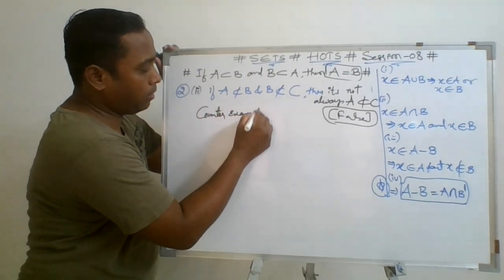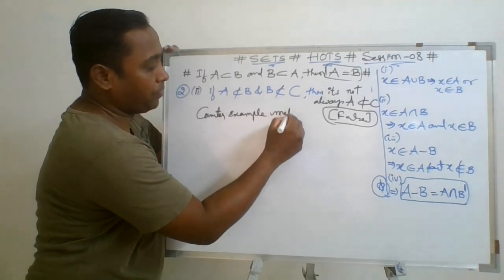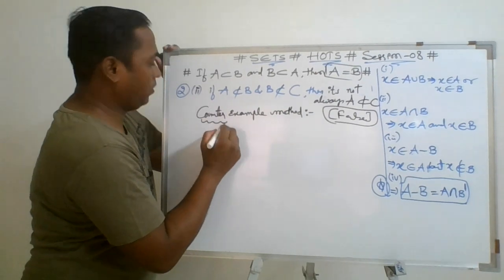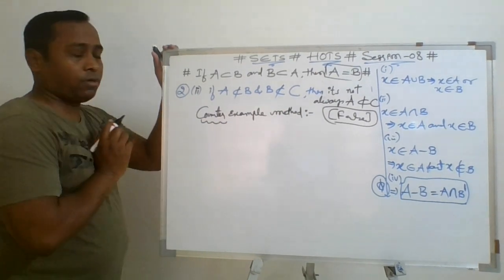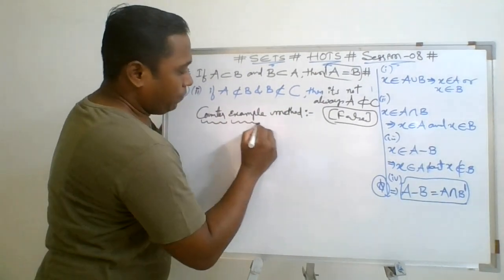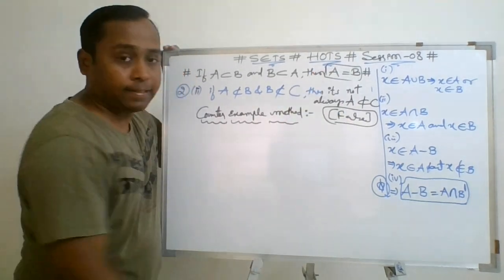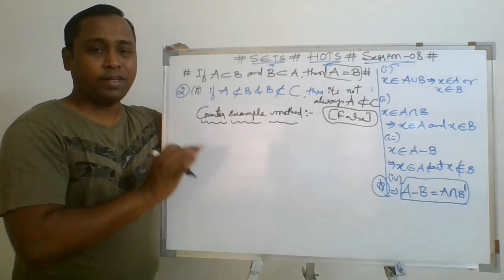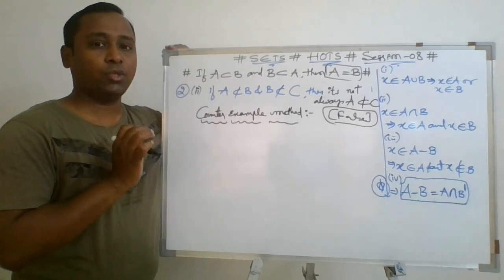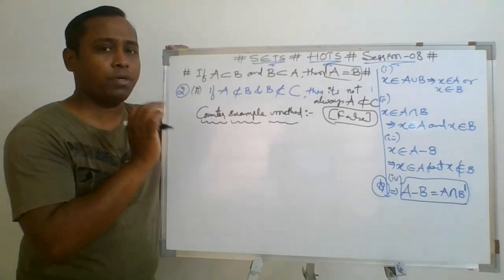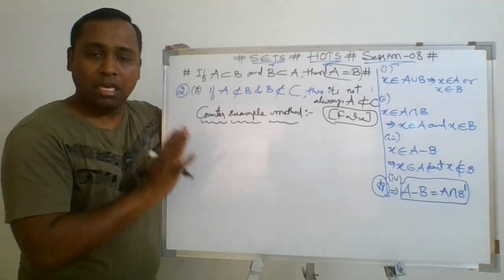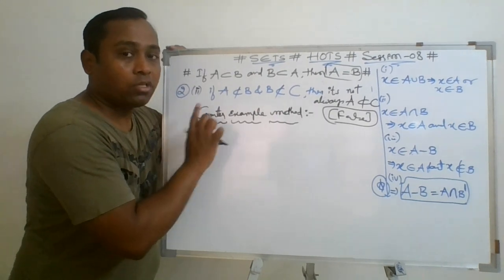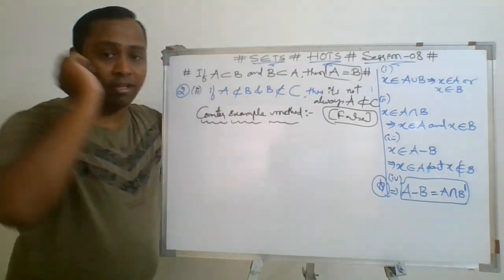This method is basically used to prove the given statement is false. Whenever you want to prove a statement wrong, you just need to give a suitable example where it can fail. That we call the counter example method.